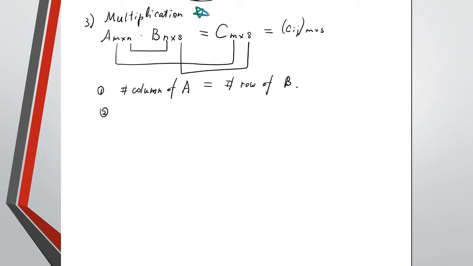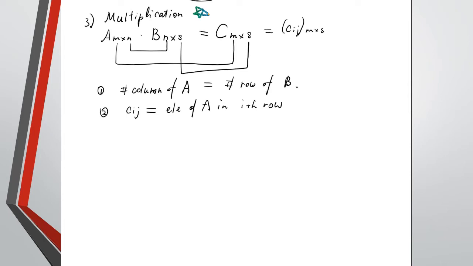So from the definition, I would say that c_ij, the element of the C matrix, is actually the elements, I will just use ELE to indicate the element, of matrix A in the ith row.